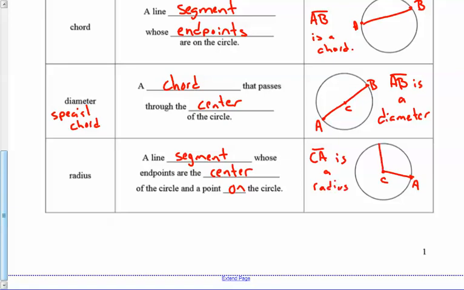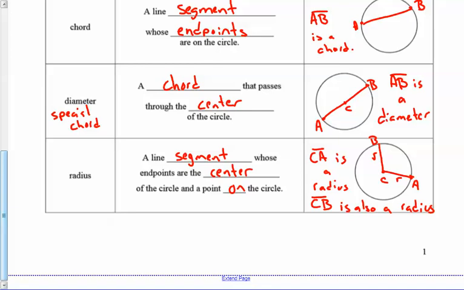And of course there's multiple radiuses, right? If we call that B, then CB is also a radius of circle C. Okay? So this is a radius, and this is a radius, and they are equidistant, right?